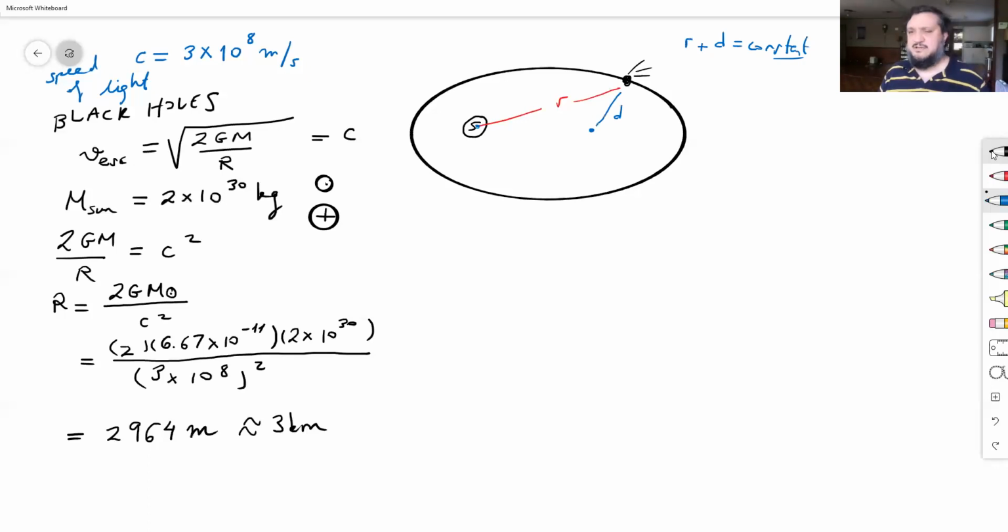And then there are things like semi-major and minor axes. I don't want to go into all the details here.